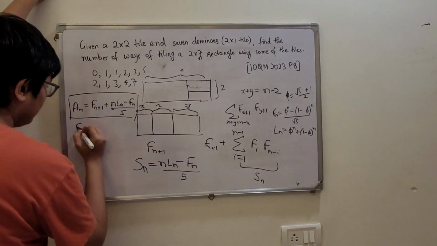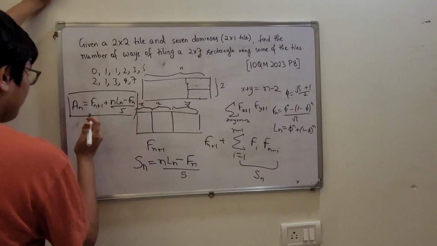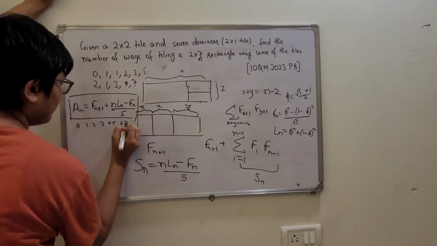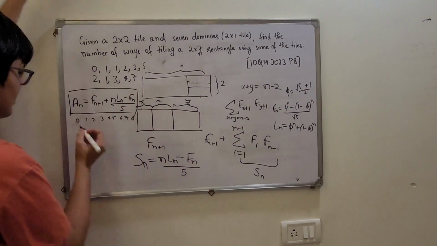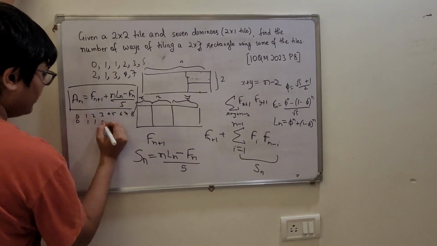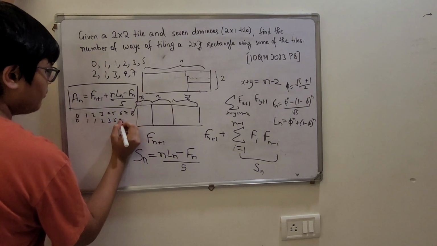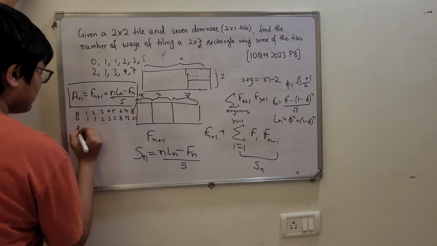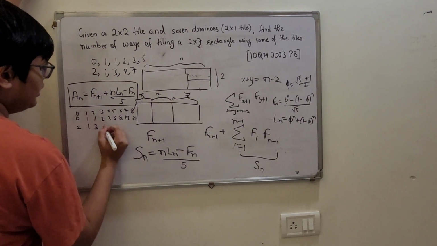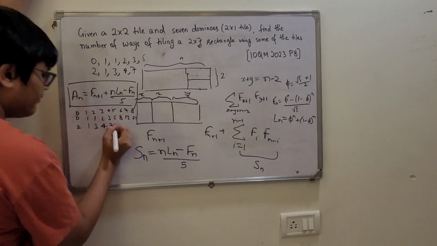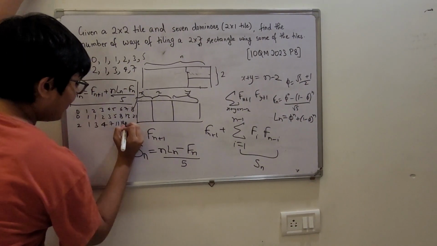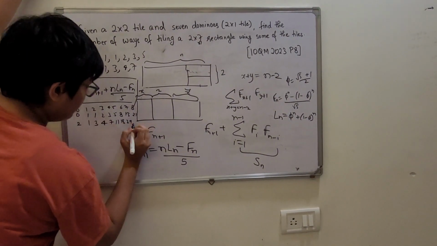F8 is, okay, 0, 1, 2, 3, 4, 5, 6, 7 and 8. So the Fibonacci series starts with 0, 1, 1, 2, 3, 5, 8, 13 and 21, while the Lucas series starts with 2, 1, 3, 4, 7, 11, 18, 29 and then 47.